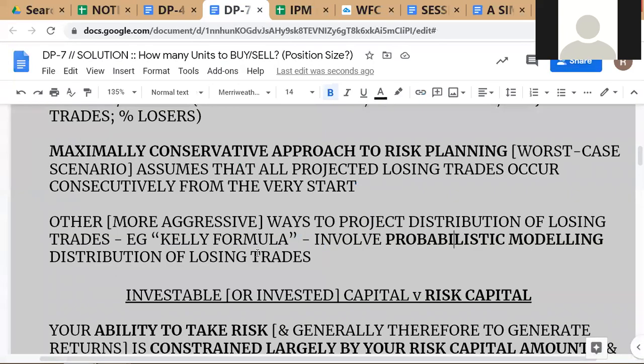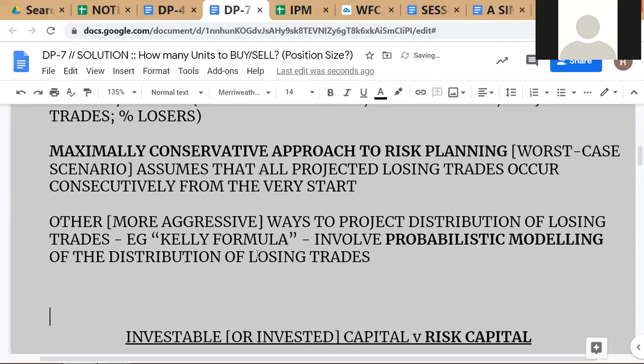Probabilistic modeling of the distribution of losing trades. Another term that you can look at is a technical term from statistics, which we are not going to go into right now, because my focus is on making sure we get the practical aspects sorted out to help you do your project and the loss planning.